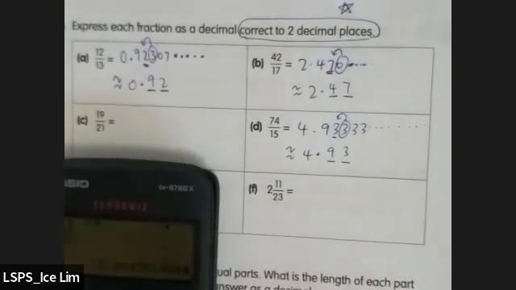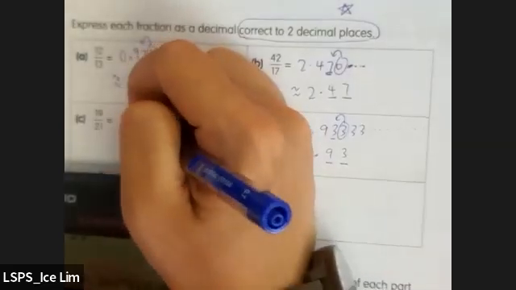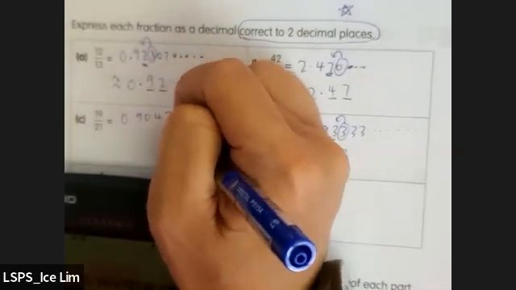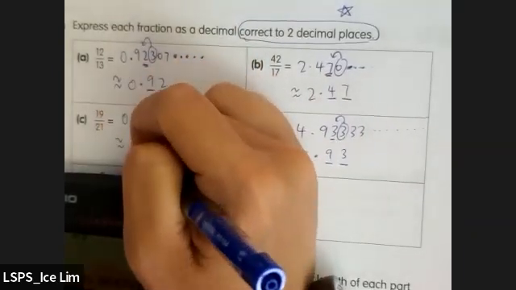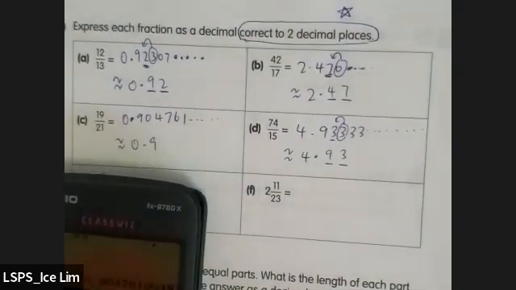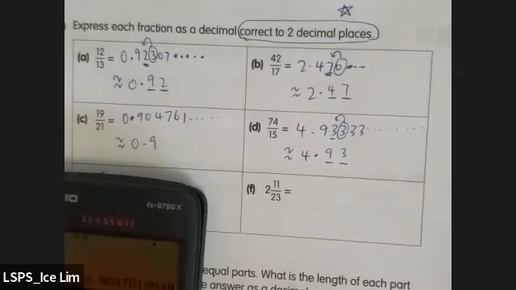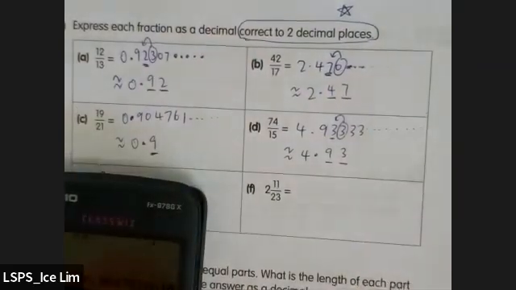Okay, here's another one. 19 divided by 21. And I get 0.904761 and then on. When I go to 0.9, can I just stop at 0.9, since it's a 0 anyway? Do I need a 0? What did I say? Correct to how many places? 2 decimal places.